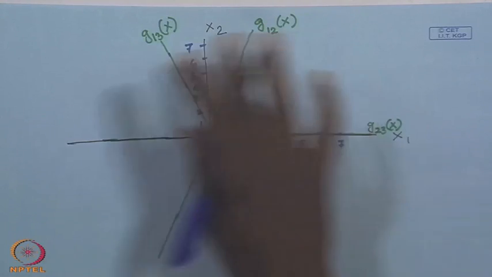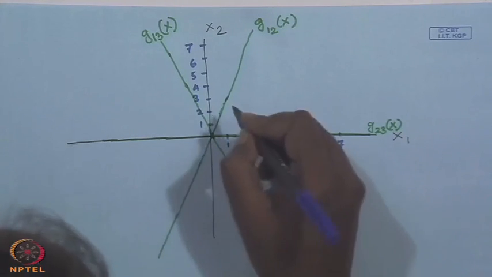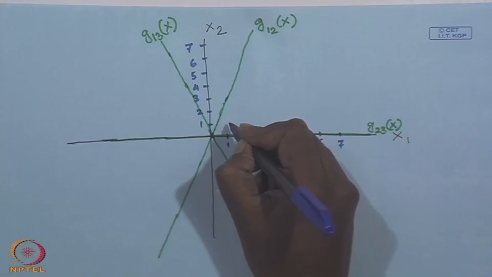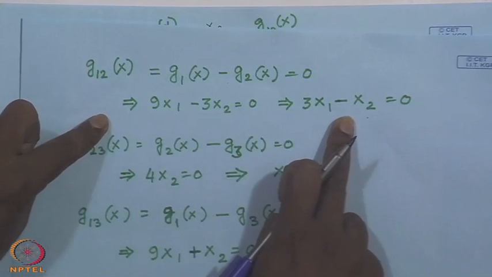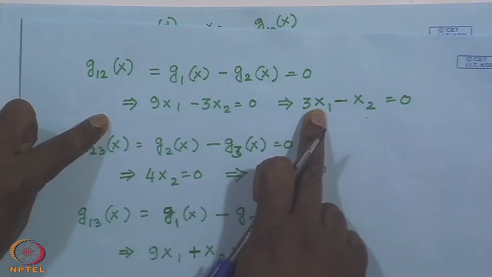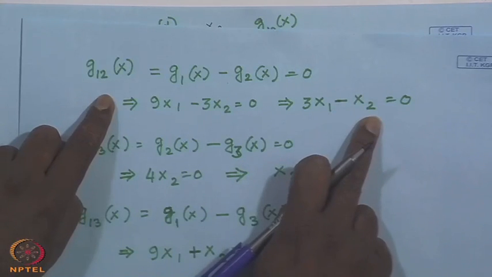So, let us see what is the positive side of these different decision boundaries. If I take a point say (1, 1) and put that into G12(x), over here I have G12(x). If I put x1 equal to 1, x2 equal to 1, then G12(x) is equal to 2.